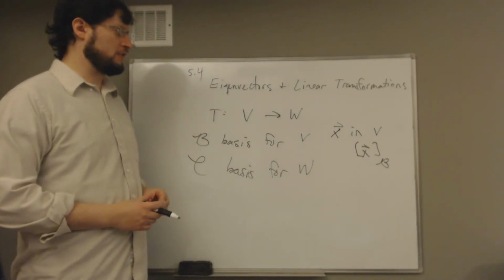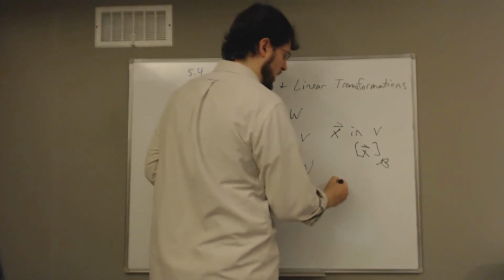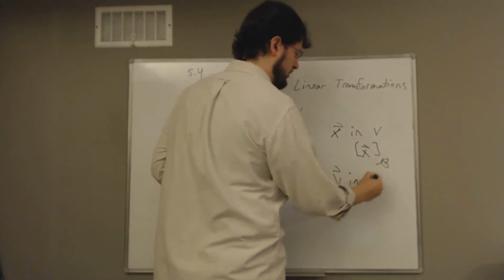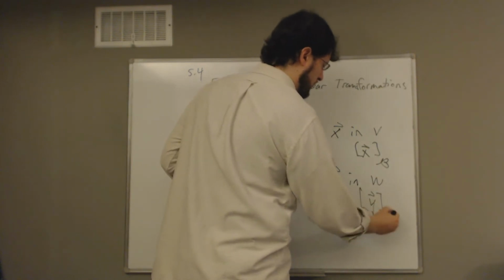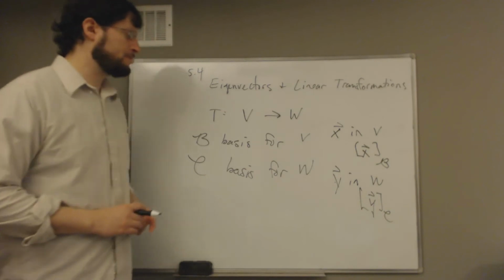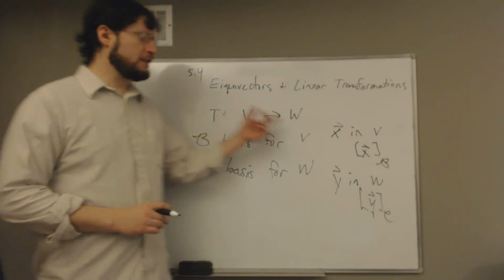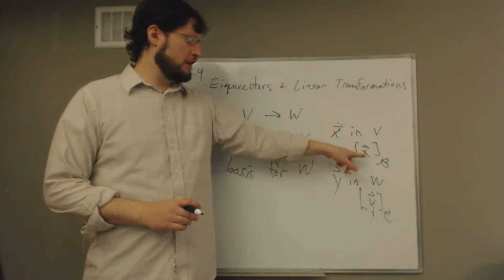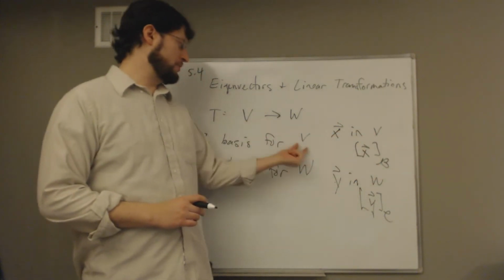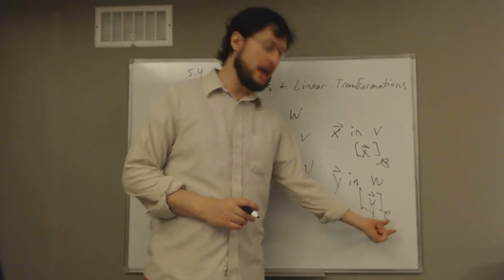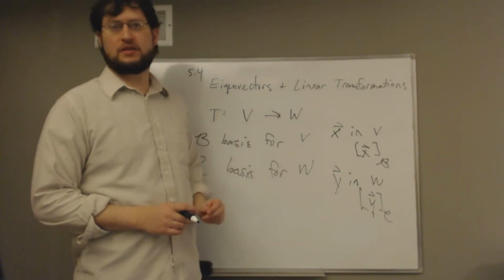And for some y in W, we can think about the coordinates of y relative to the basis C. This is a vector in Rm, where m is the dimension of W.